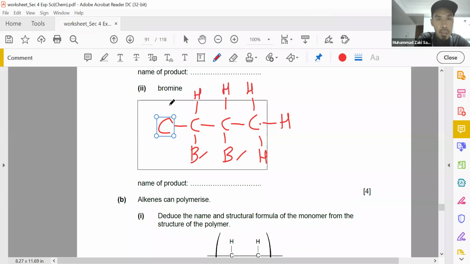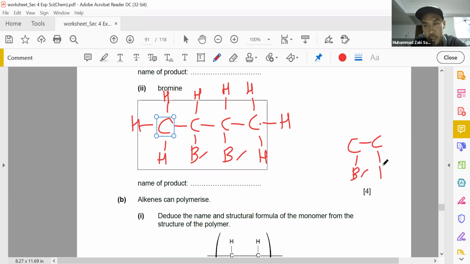Okay, let me go back in. So then I told you how do we name this. If you remember, recently, for ethene, the two carbon alkene, we name it as 1, 2, because the bromine is attached to carbon 1 and carbon 2, and there are two bromine. 2 means di, bromo, right?